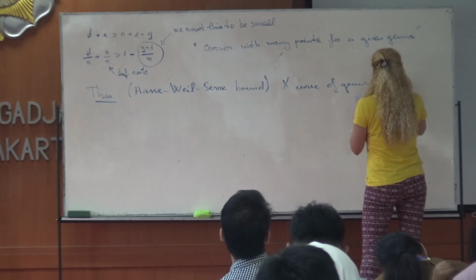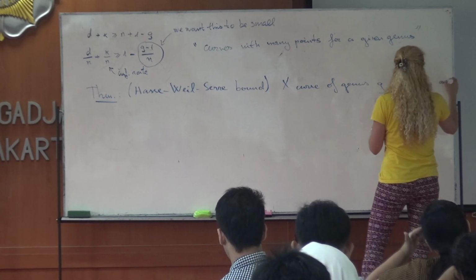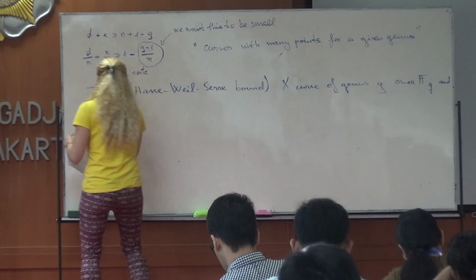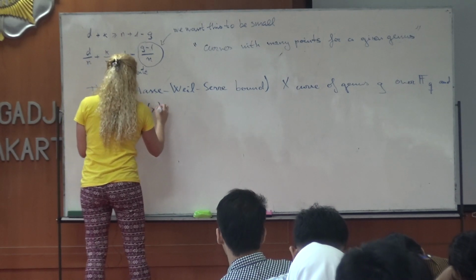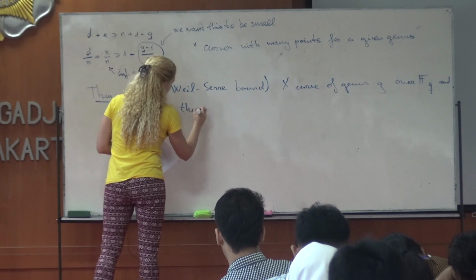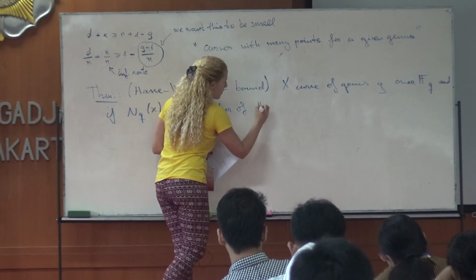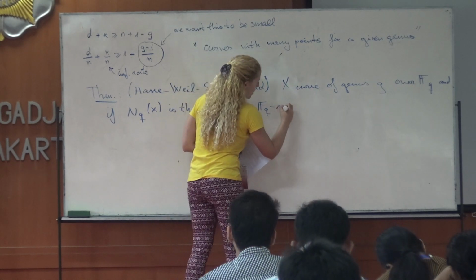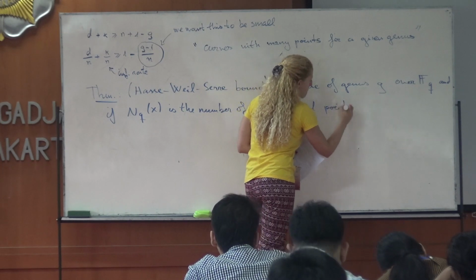of genus g over F_q, and if N_q(X) is the number of F_q-rational points on X, then the following bound holds.